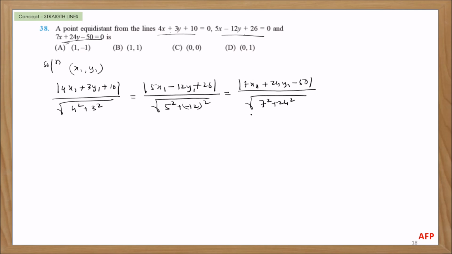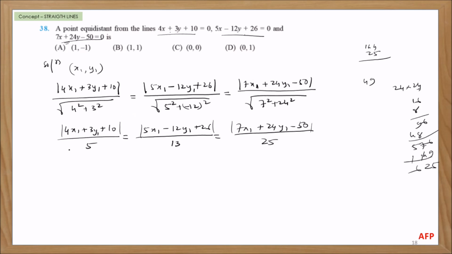All are equal. Now from these equations you can clearly say that if x1 is 0 and y1 is 0, the first one you are getting 10 by 5, the second one you will be getting 26 by 13, and the third one you will be getting 50 by 25, with a negative sign.